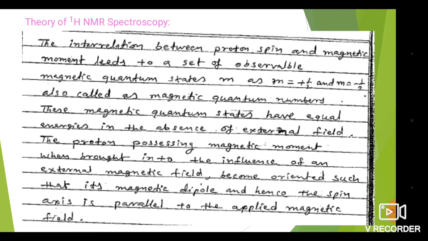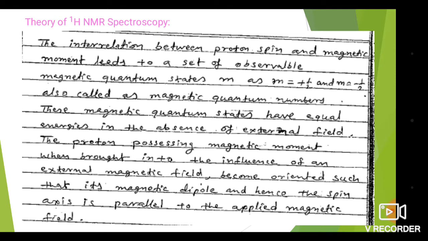Small m is known as the magnetic quantum number. These magnetic quantum states have equal energies in the absence of an external field. When the field is zero, m plus half and m minus half have the same energy.